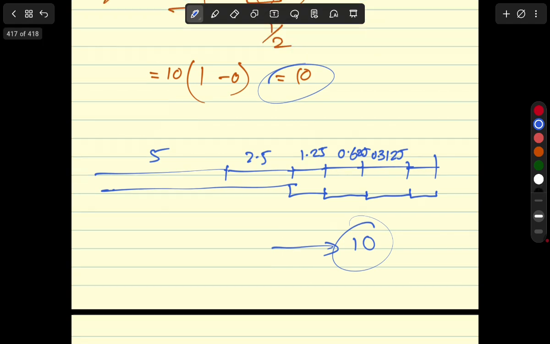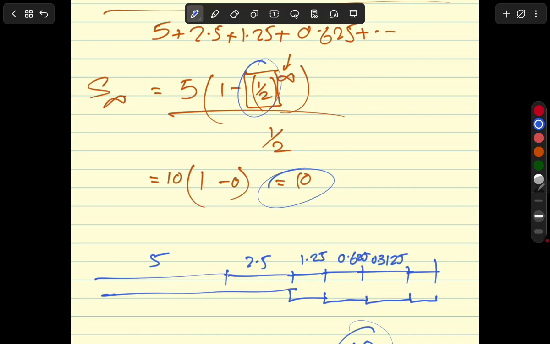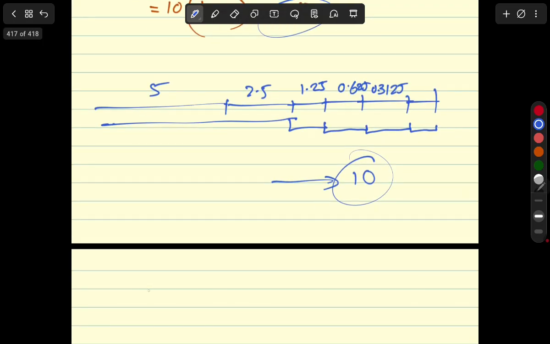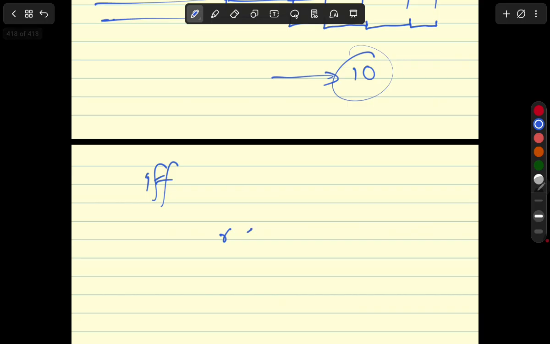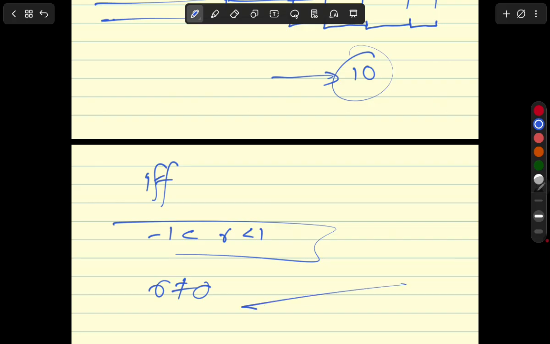So this becomes zero only and only, or we use a notation, if and only if your r is less than 1, right, but greater than -1, and r cannot be equal to 0. So if your quantity is between 1 and -1 where r is also not equal to 0, then sum to infinity is possible, and we will say that it converges to 10 or a certain quantity, right? So it's only possible then, right?